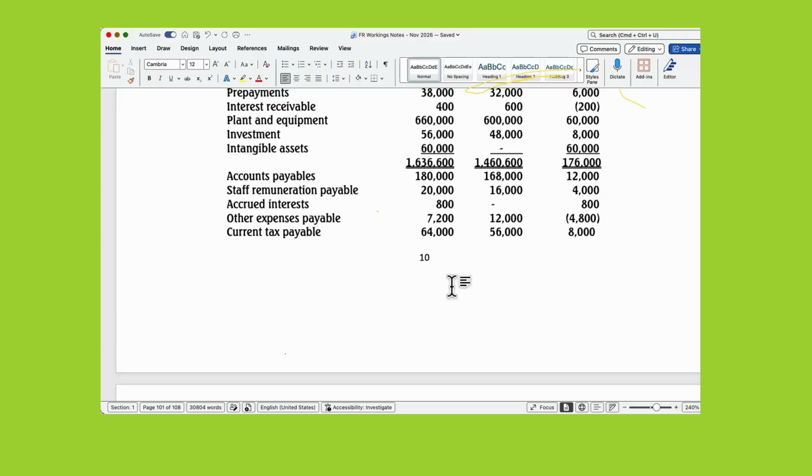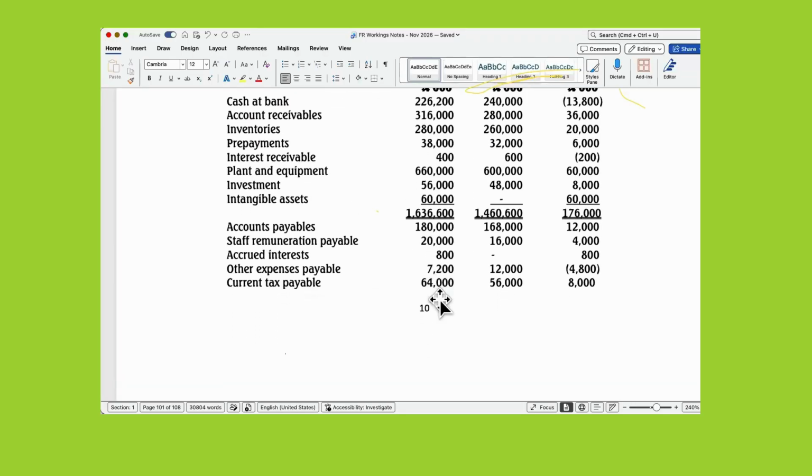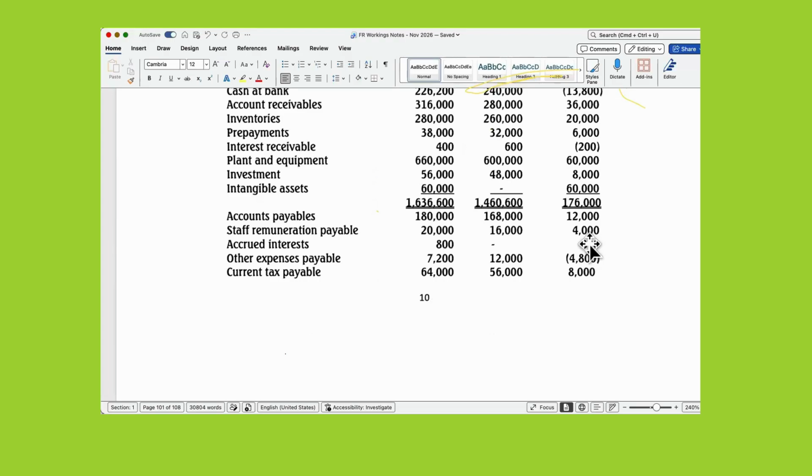We have 4,800, so it's going to be minus 4,800. That's 299,200. But this 4,800 is not an increase. It is a decrease. It was in the bracket, the payment.